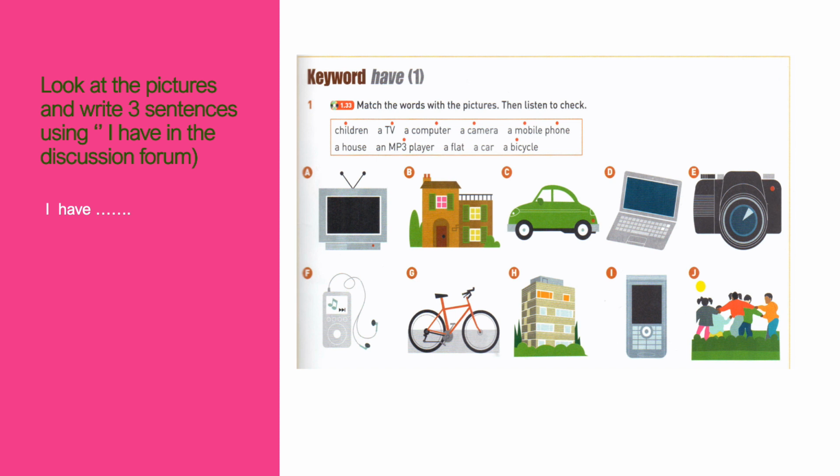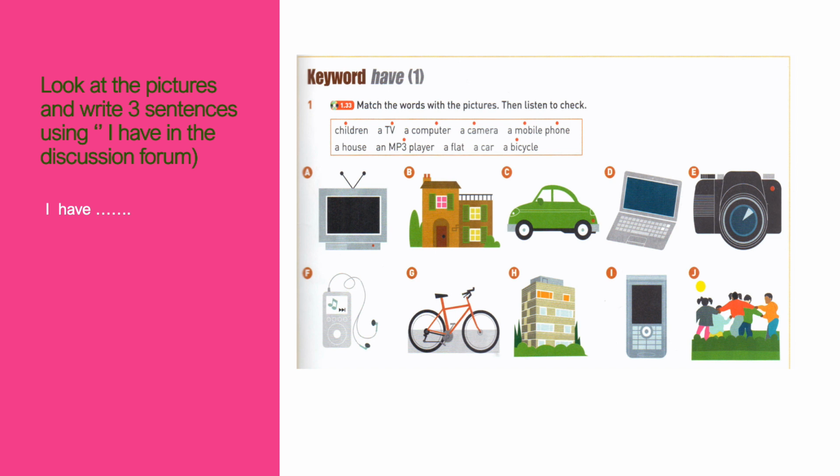Now look at the pictures and write 3 sentences using I have in the discussion forum on Blackboard, starting with I have. Here we have 10 different objects. Write down any 3 that you have, or you can mention any other 3 things that you have. So we will write, for example, I have a mobile phone, or I have a cell phone.